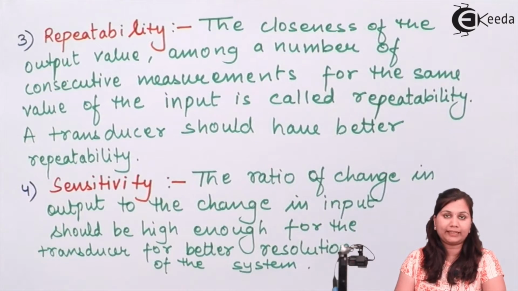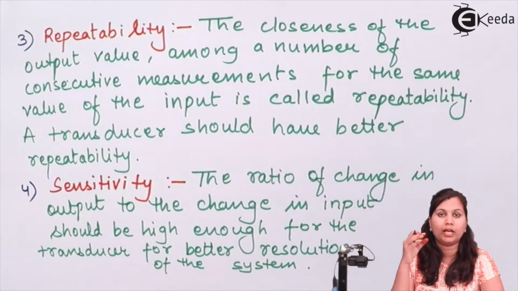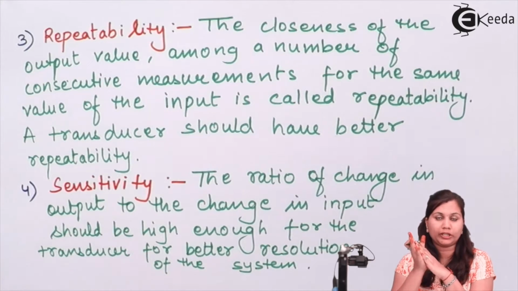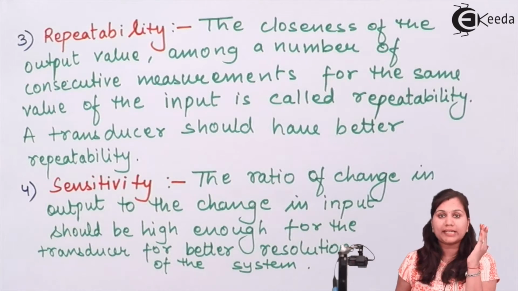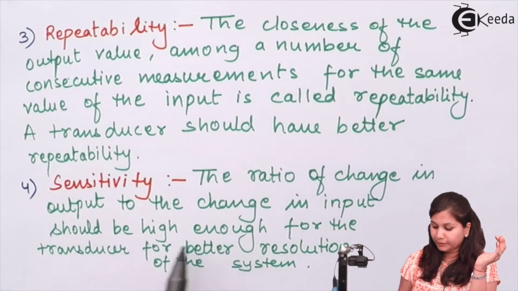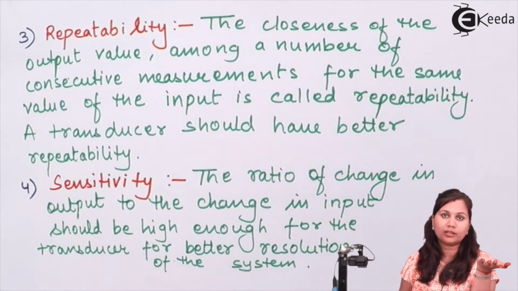Means if we make any change in the input, the change in output should be in proportion to that. For example, if we change the input quantity by 5 units, the same change of 5 units will be seen in the output quantity also. So a transducer should have good sensitivity. Whenever we make variations in the input, the same variation should be seen in the output. The transducer should be highly sensitive for better resolution of the system.